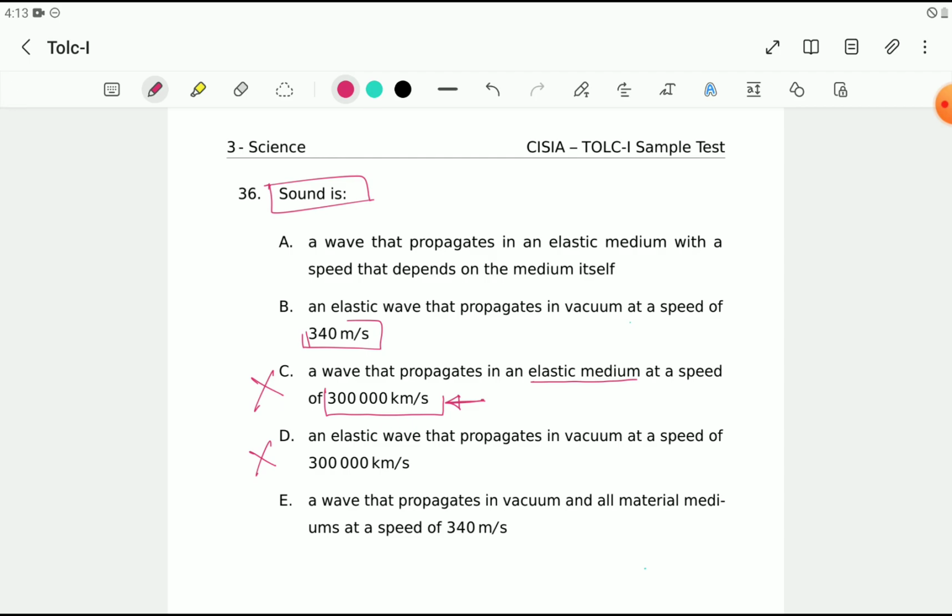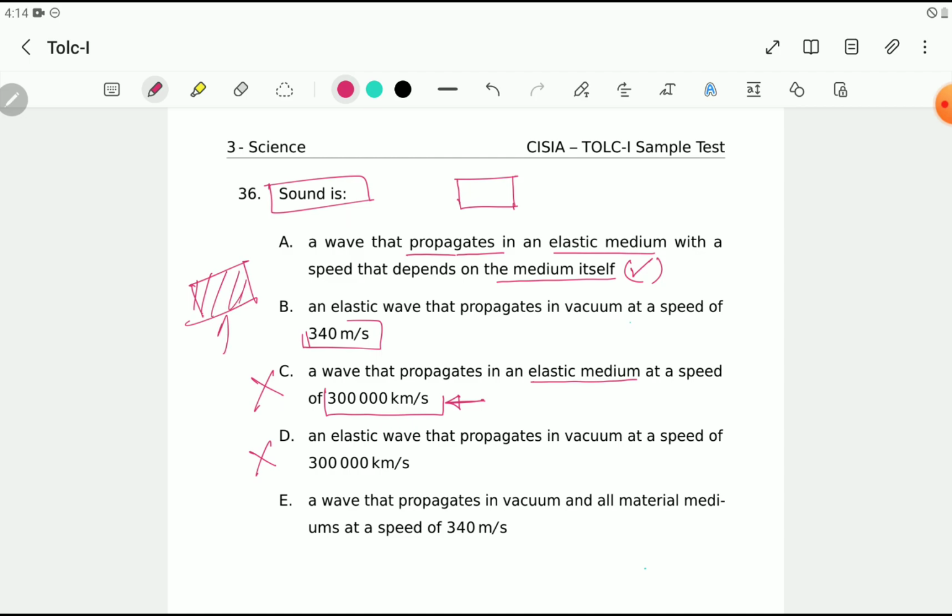Let's read it out. A wave that propagates in an elastic medium with a speed that depends on the medium itself. Yeah, that seems logical. It could be the answer because we know the sound does not propagate in vacuum, when we can consider it an empty space.